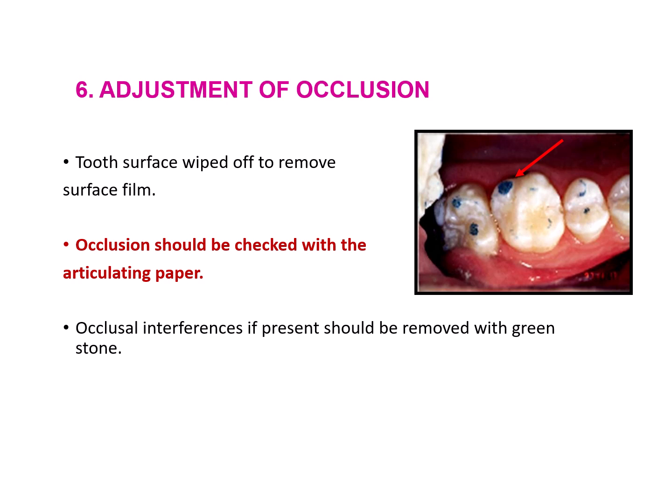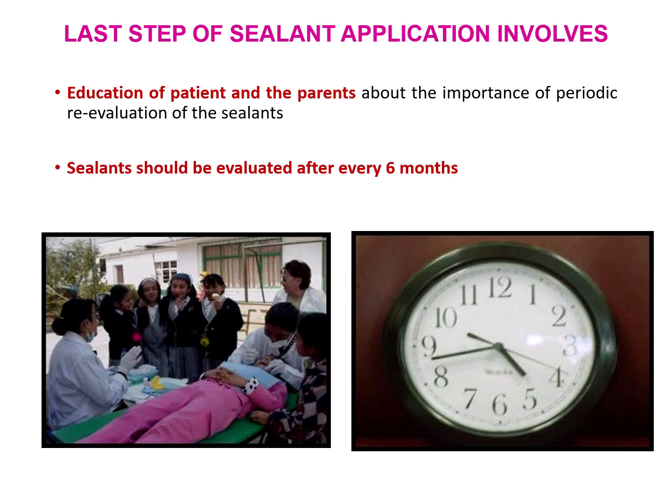Once it is done, the occlusion should be checked and adjusted if required. The patient should have frequent follow-up to observe whether the applied sealant is retained or not. The patient should be educated on what should be consumed after the sealant application, and the sealant should be evaluated every 6 months.